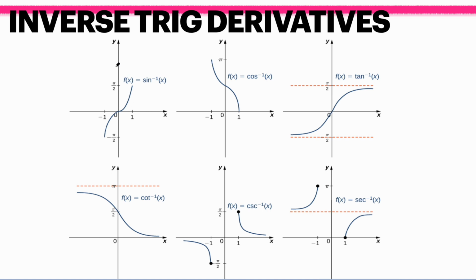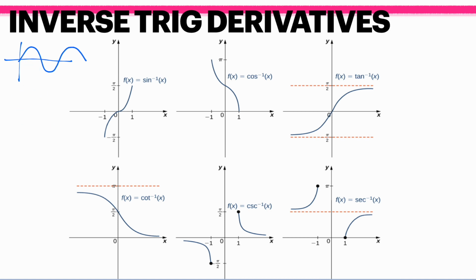And if I was to graph a trig function, like sine is a wave function, and if I normally would graph the inverse of it, it would look like this. But we discussed the fact that if you did the vertical line test, it wouldn't work. If I did vertical lines, this would not be a function.